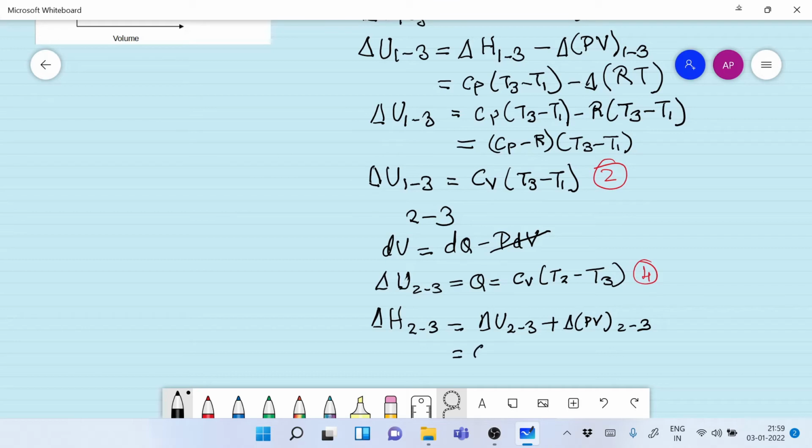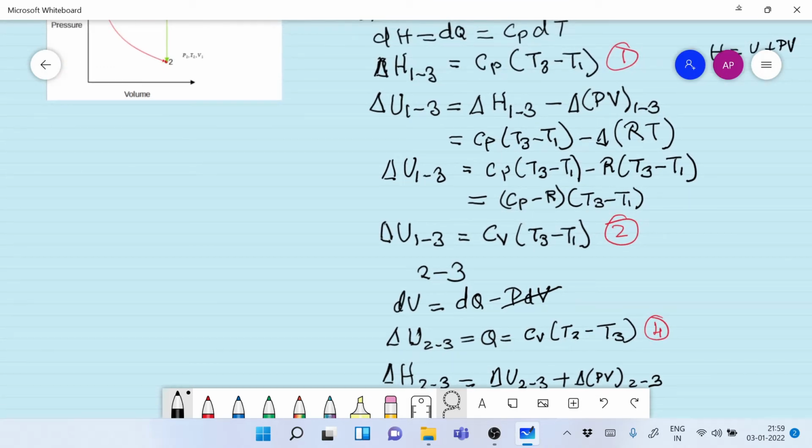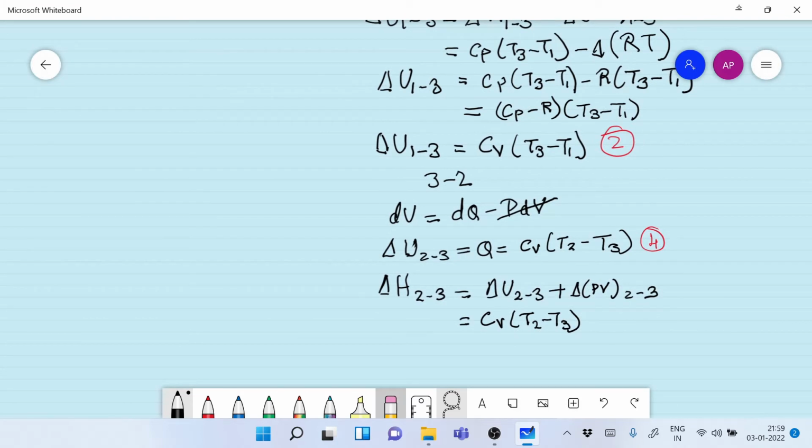We can write this as Cv into (T2 minus T3). I would like to make a small correction here: it is process 3 to 2, since we are going from 3 to 2.